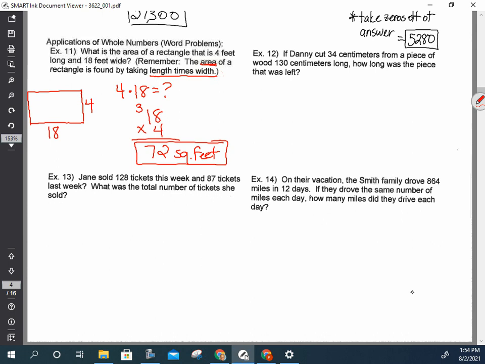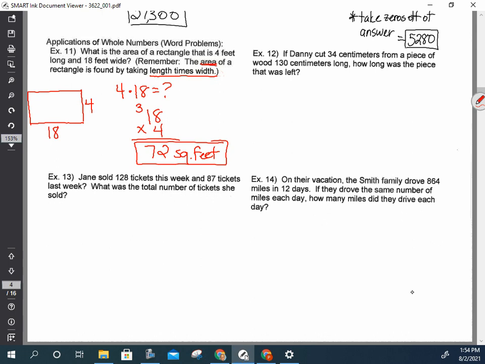So again, primary thing is make sure that that multiplication is correct. You'll probably get by, depending on the class that you're in, with the multiplication. As long as you have the number correct, you'll probably get by with not having the units.